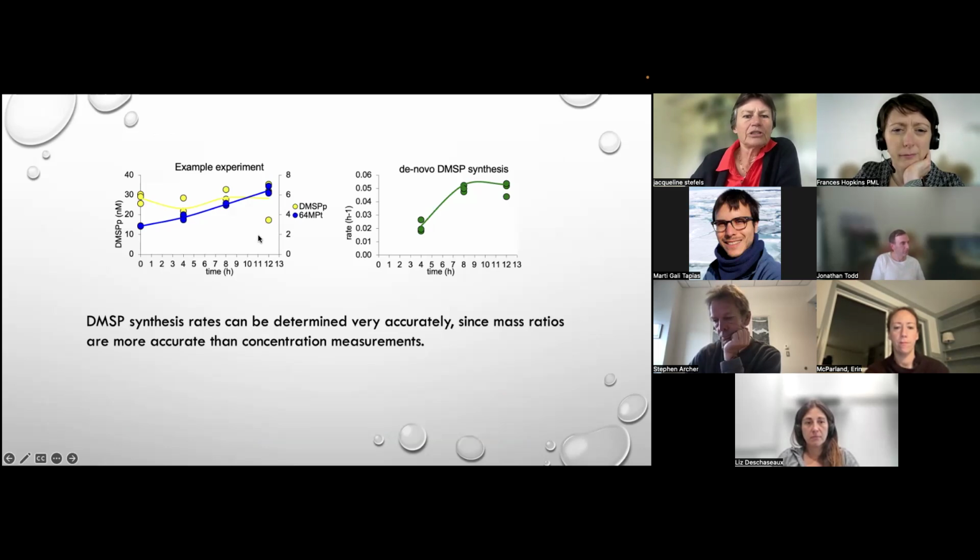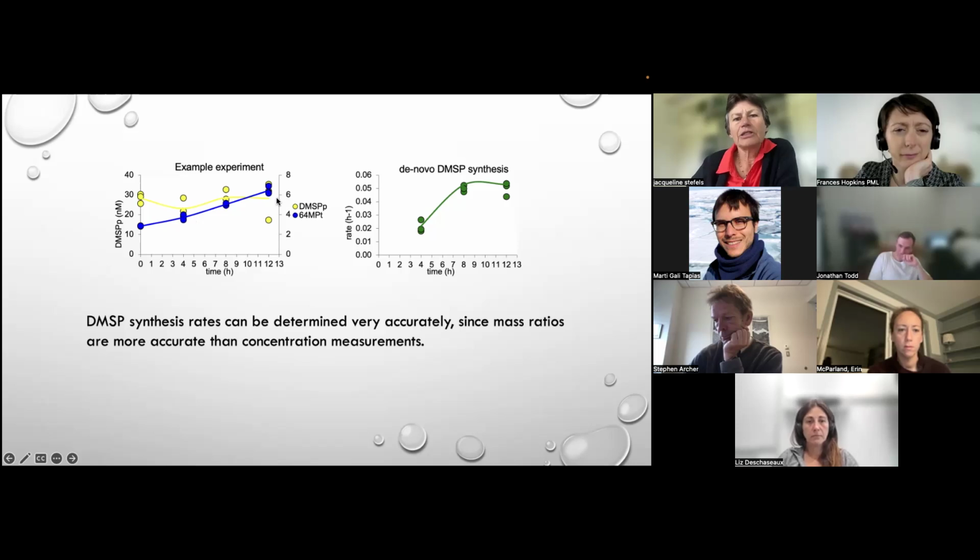That it works beautifully is shown in this one example. For instance, this was an incubation with natural cultures, and you see that the pool goes just everywhere, but there is not really any trend visible in the pool of DMSP, whereas the ratios are gradually increasing.